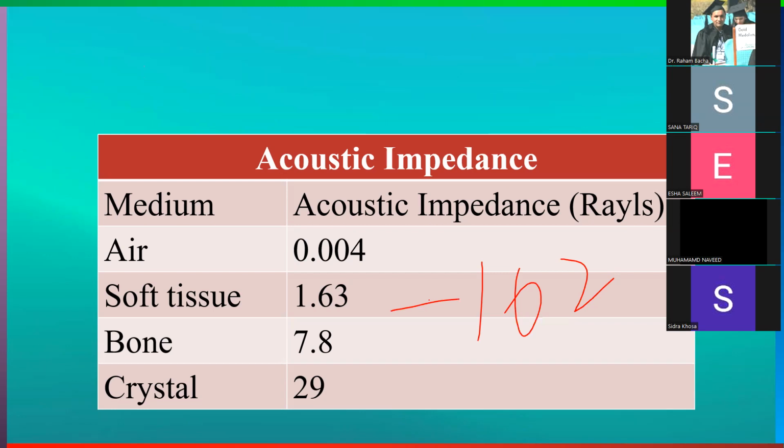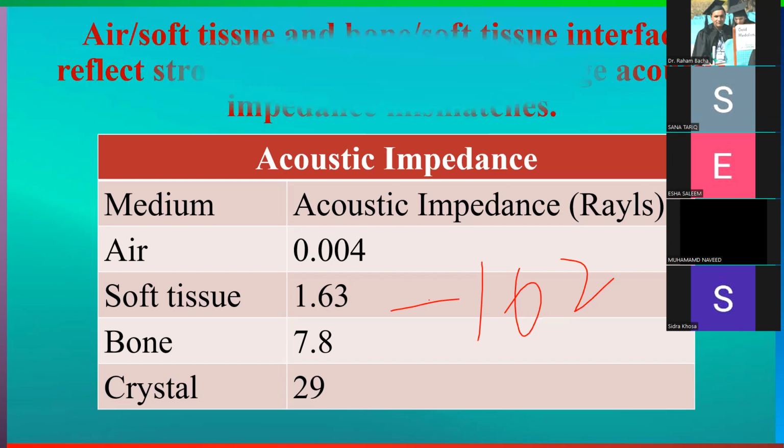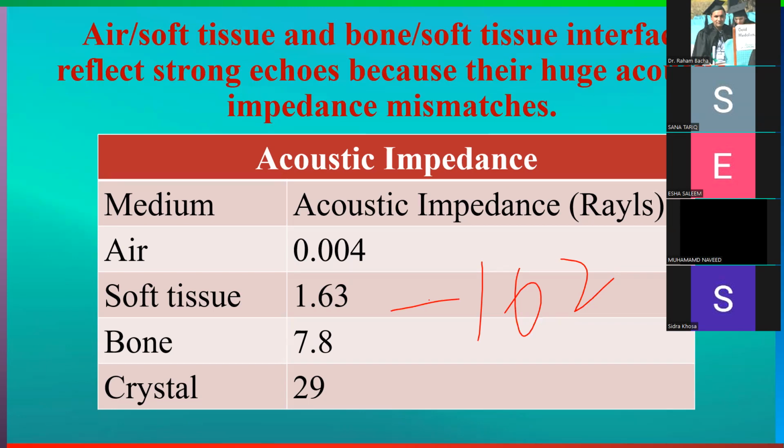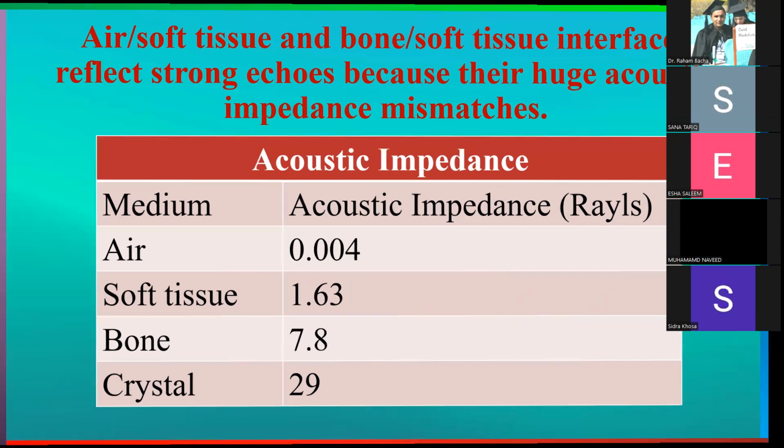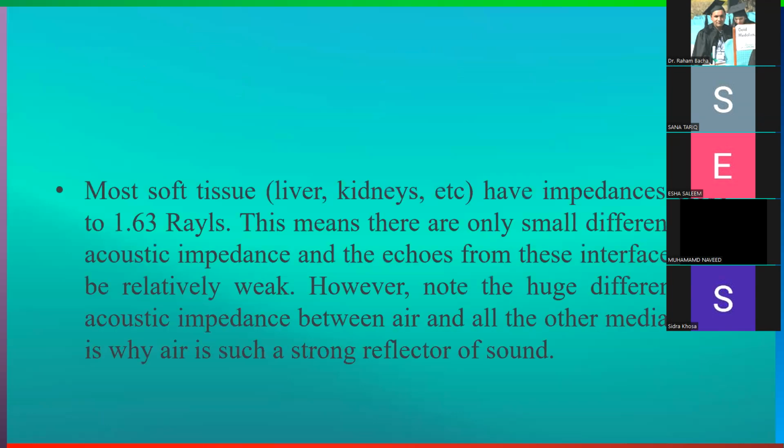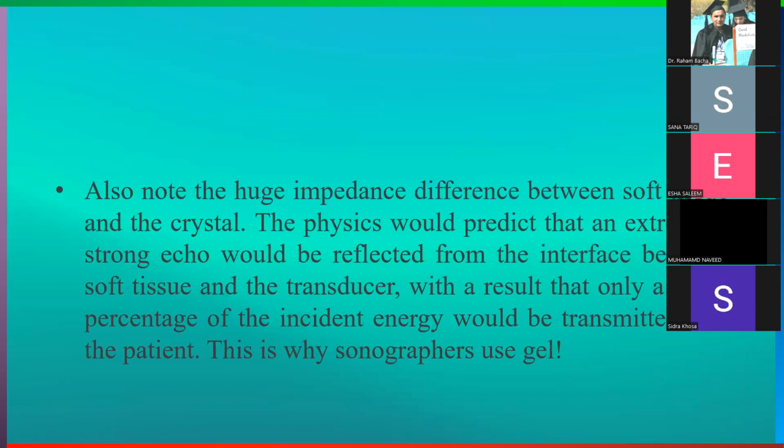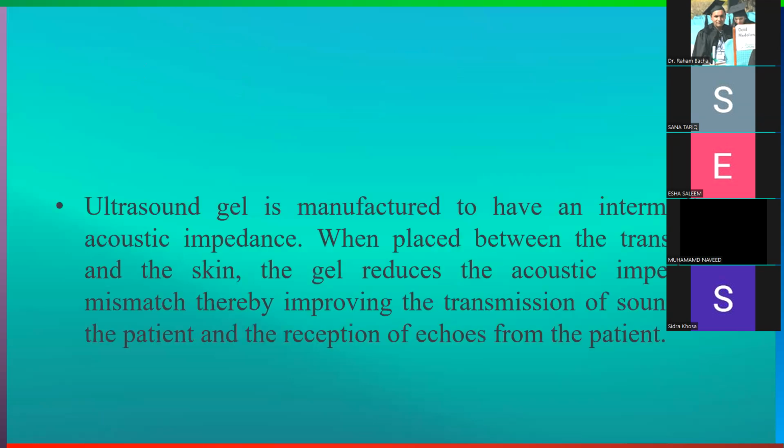So now if the acoustic impedance mismatch at the interface is greater, then the reflection will be stronger, with high amplitude. So how much stronger will that reflection be? We can determine it mathematically with the help of the formula of IRC, intensity reflection coefficient.